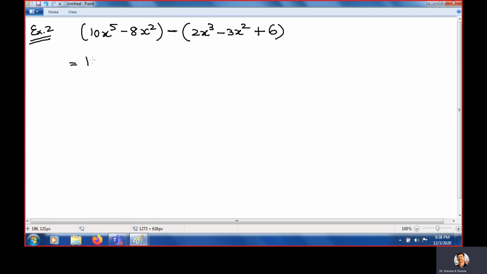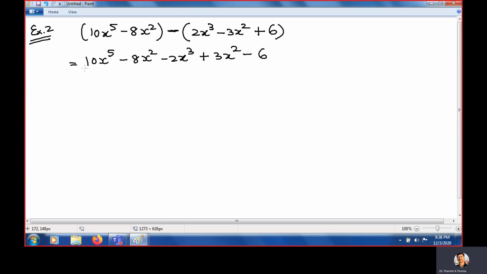Here is plus outside, so there is no change. It will remain the same, minus 8x power 2. Now here is minus. Minus means inside every sign will change. It is plus 2, so it will be minus 2x power 3. It is minus 3x power 2, so it is plus 3x power 2. It is plus 6, it will become minus 6.